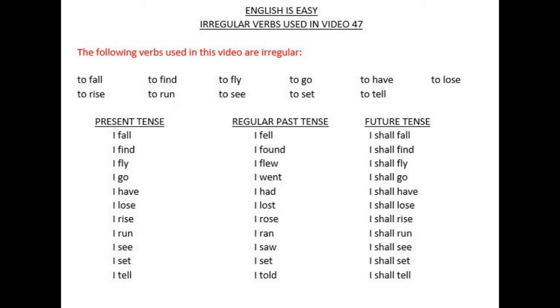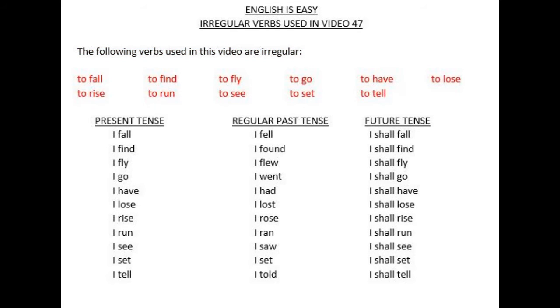The following verbs used in this video are irregular. To fall, to find, to fly, to go, to have, to lose, to rise, to run, to see, to set, to tell. I fall, I fell, I shall fall. I found, I shall find. I fly, I flew, I shall fly. I go, I went, I shall go.